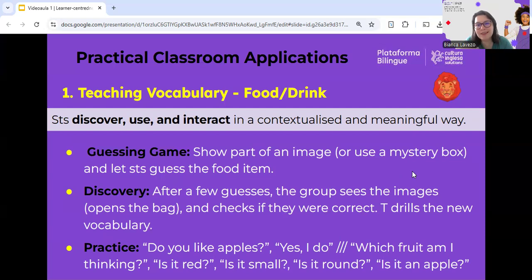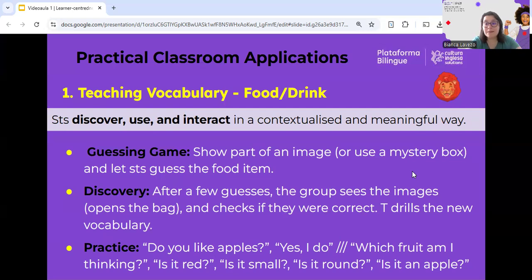It's not you just telling them, but they discover, they use, and they interact in a very contextualized manner, a very meaningful way as well. And chances are that they will remember this better as well.